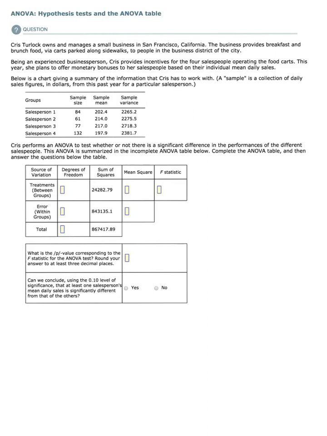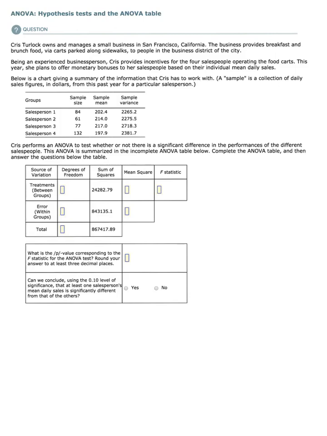Sample means are 202.4, 214.0, 217.0, 197.9 respectively. Finally, sample variances are 2,265.2, 2,275.5, 2,718.3, and 2,381.7 respectively.